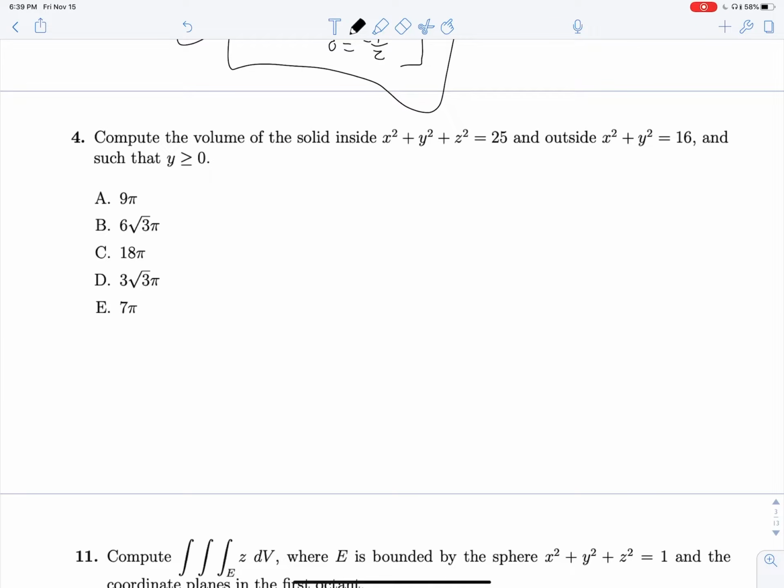Compute the volume of the solid inside the sphere of radius 5, rho squared equals 5, and outside the cylinder of radius 4, aligned on the z-axis. So this problem, you certainly can go through all of the integration for it, but there's a very cool shortcut you can do.